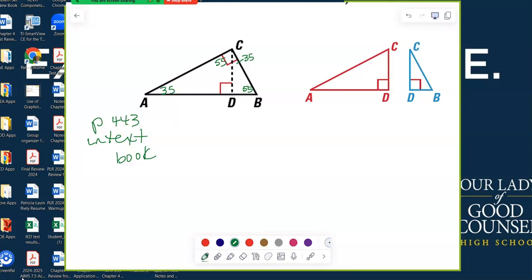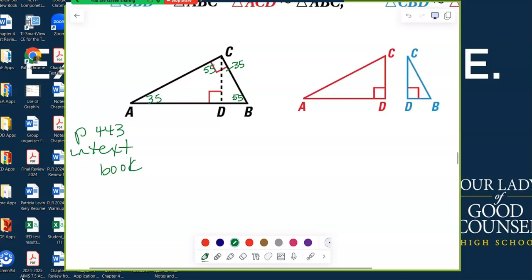So what I'm seeing is this. If I drew these triangles out, and I put 35 here, 55 here, 35 here, 55 here, wouldn't you say that triangle ACD by the angle-angle postulate has to be similar to triangle CBD?